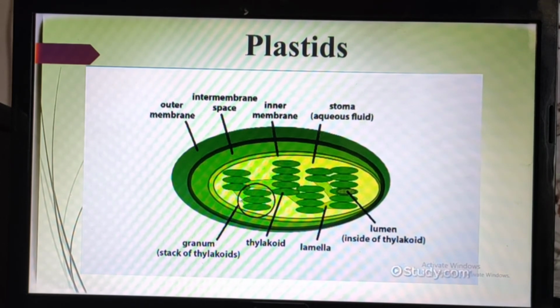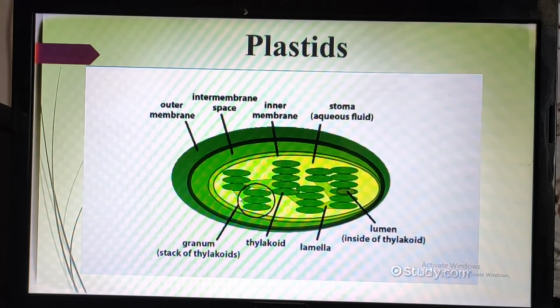That means an oval-like structure will be a chloroplast, but it can also be spherical, discoid, ribbon-shaped, etc. These are also structures of a chloroplast. So this chloroplast helps in the production of sugar by photosynthesis.